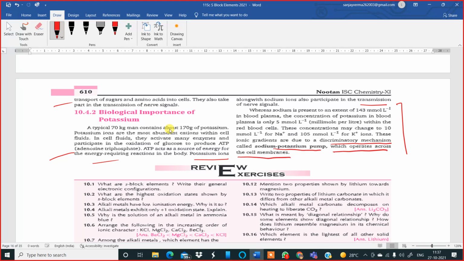So there is a pump in the cell membrane, because of osmosis, because of diffusion, they allow liquids to enter the cell and leave the cell. So potassium and sodium have a very important role in the biological system.